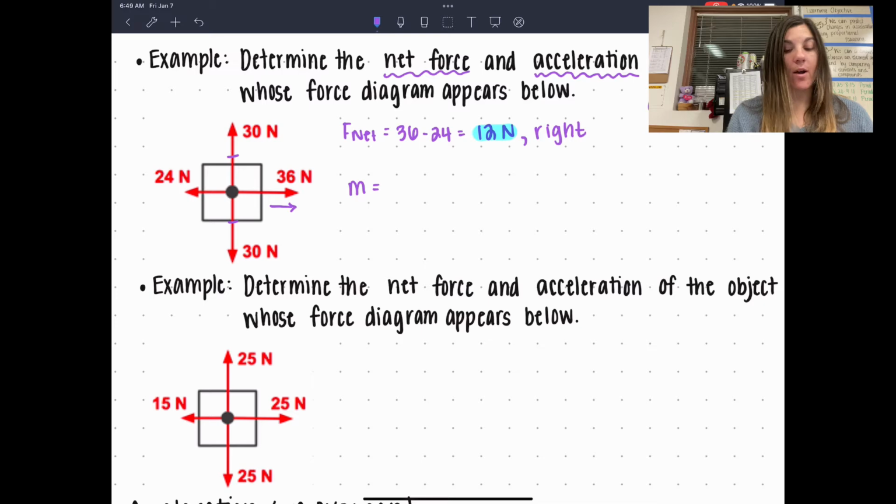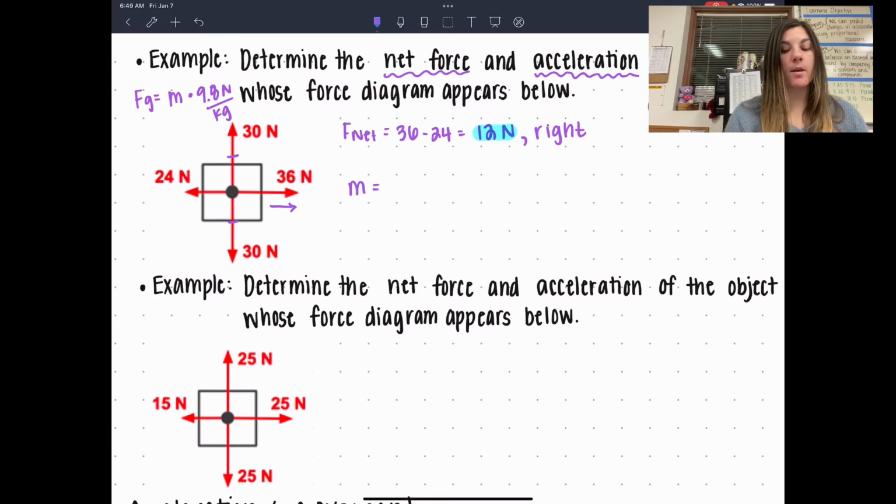If we wanted to figure out the force of gravity an object was experiencing, and I'll make this note in the corner, all we had to do is take the mass that it has in kilograms and multiply it by 9.8 newtons per kilogram. And that's how we would find the force of gravity.